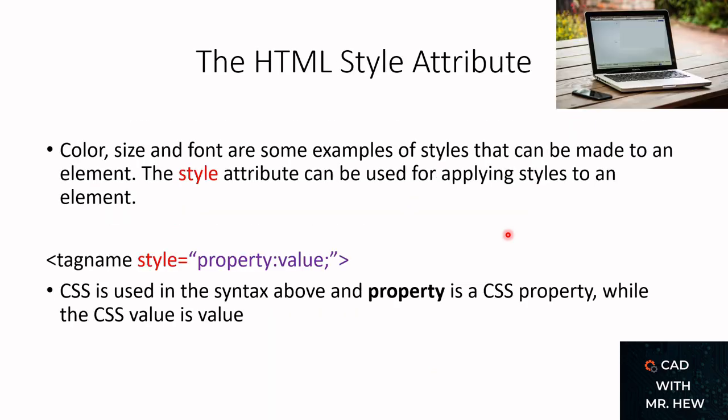Okay, all right, HTML style attribute. The color, size, and font are some of the examples of styles that can be made to an element, right? And we spoke about what an element is in the previous videos. The style attribute can be used for applying styles to an element.